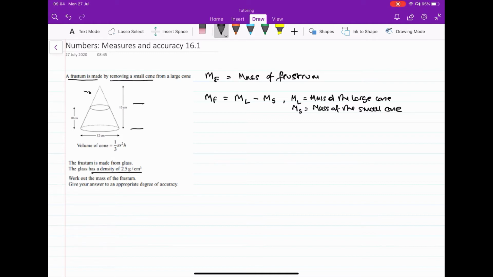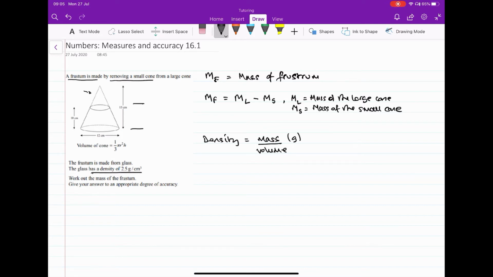So that's got us started, but of course we still have to calculate the mass of the large cone. Well, we've been given the density, and the density is 2.5 grams per centimetre cubed. And so therefore density must equal mass, because that's in grams, over volume, because that's in centimetre cubed.